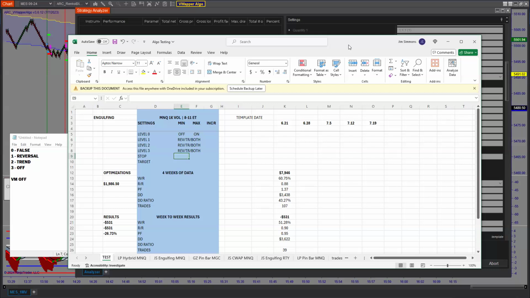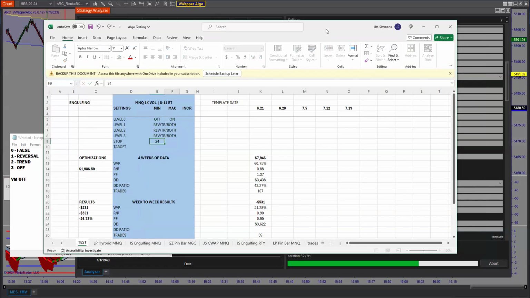Stops we did. What was our range? Yeah, 12 to 24. By 2. Targets is going to be risk reward 0.8 to 2 by 0.1. So pretty straightforward there.